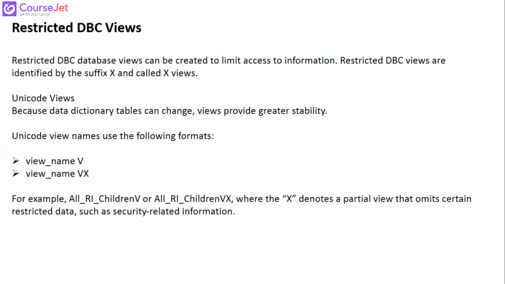For security reasons, you mean to say that if we query it through VX, in that case we cannot see any data, right? You're saying if you are not having the required access to view the restricted views.